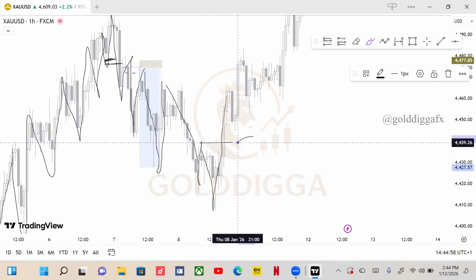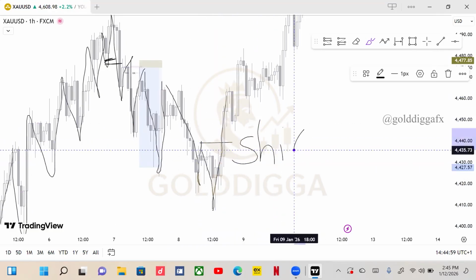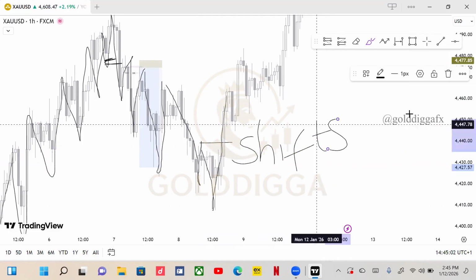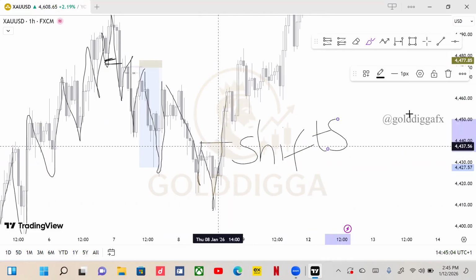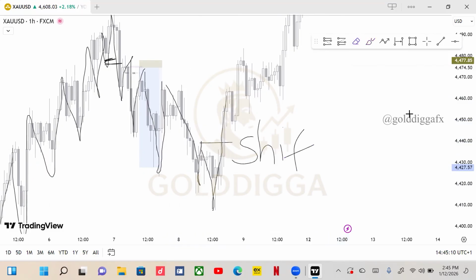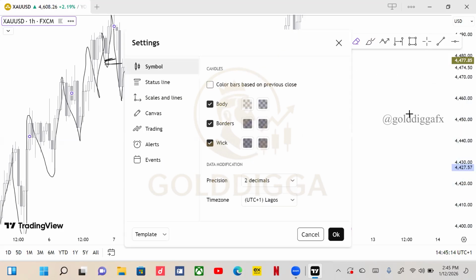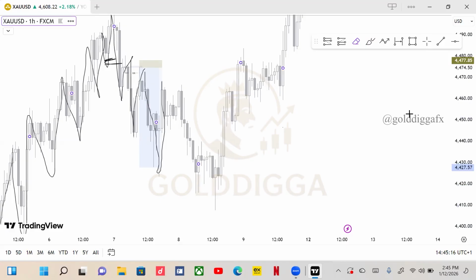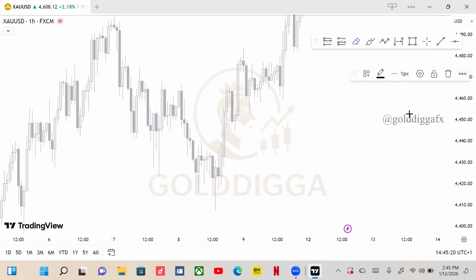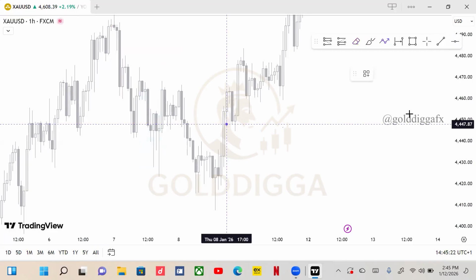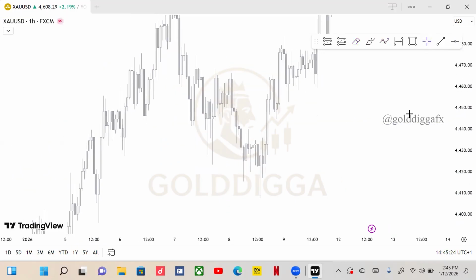This is a shift. Price shifts from bullish to bearish. I mean, from bearish to bullish, right? Can you guys see it? Let me, yeah. So price shifts from bearish to bullish.